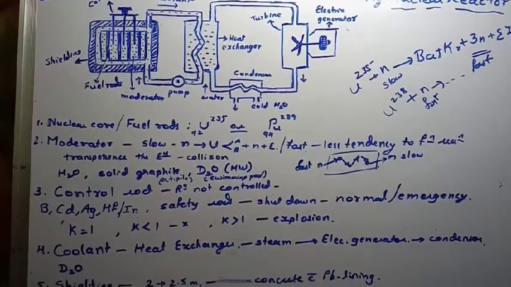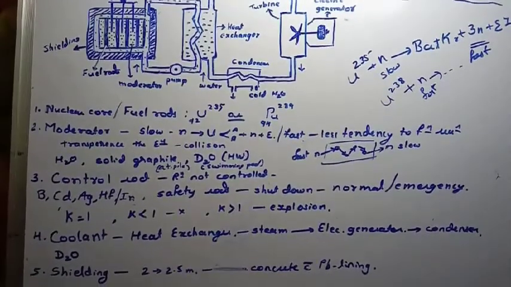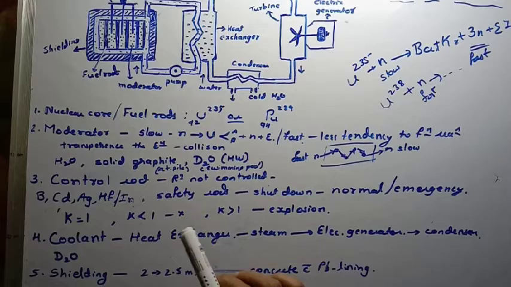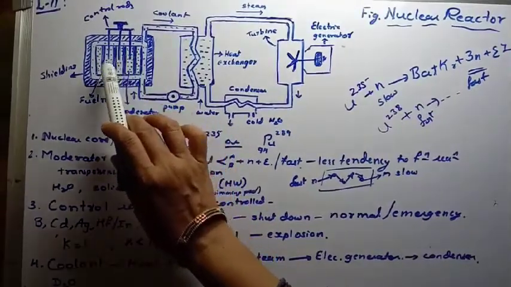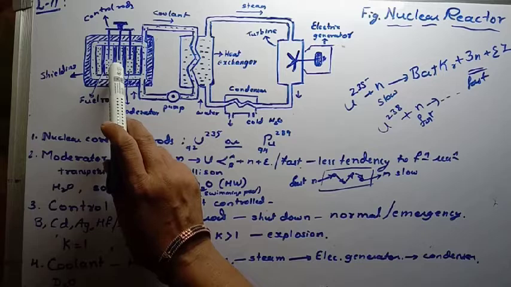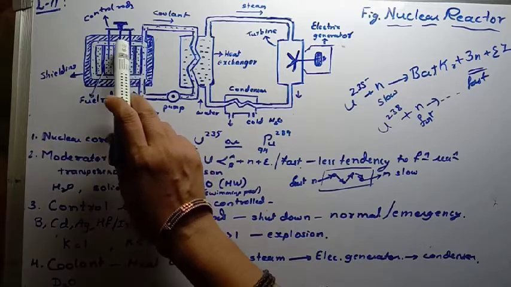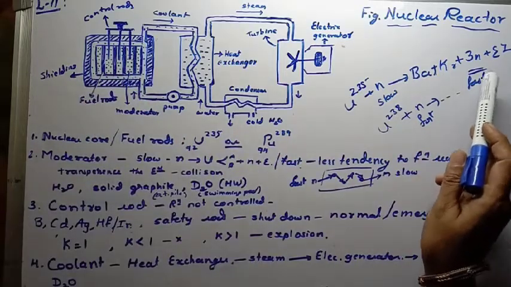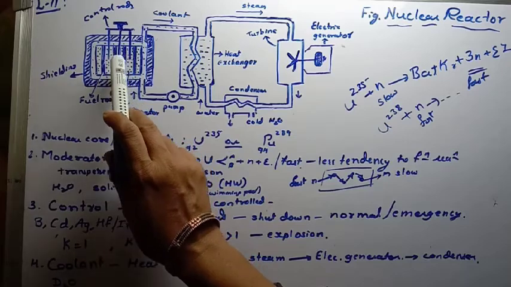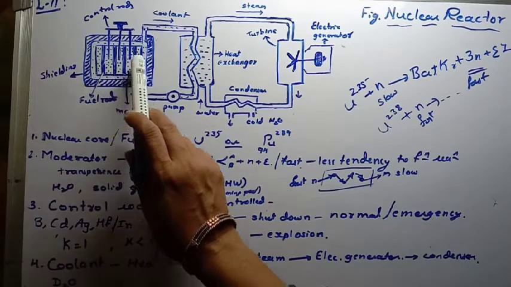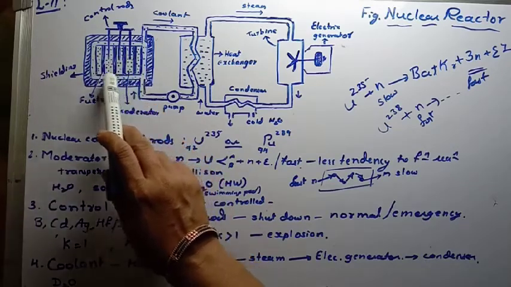Now with this we'll go for the next one, that is the coolant. In this reactor core, nuclear fission reaction is conducted, and as a result in each step a tremendous amount of energy is liberated, which is thermal energy, heat energy. Around this core the coolant is circulated.